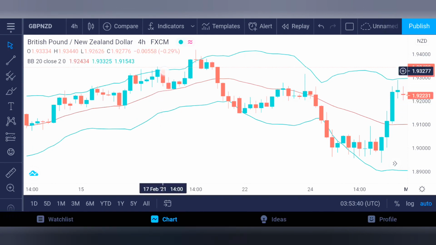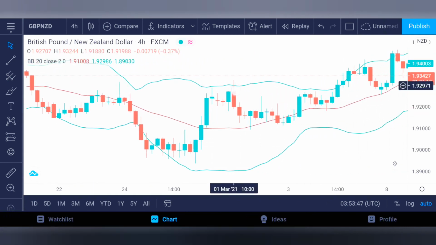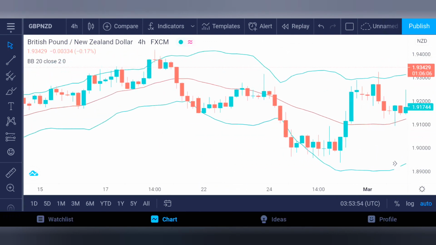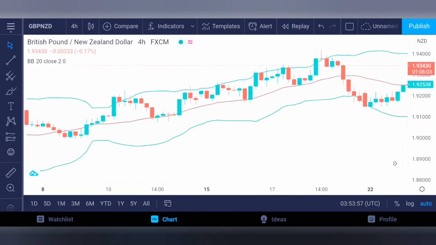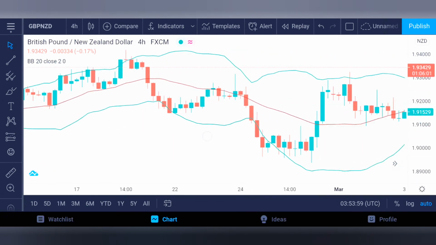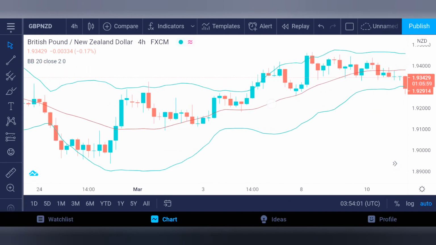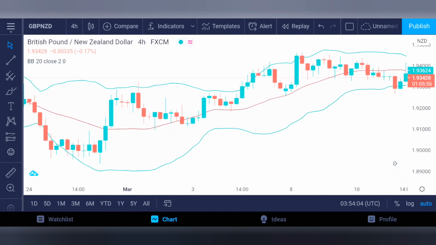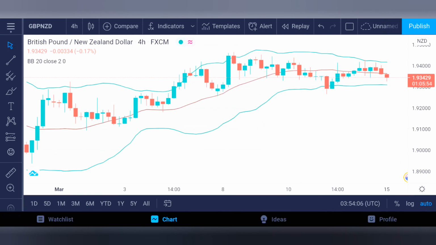It's quite narrow here, so price was not as volatile as it was at this point. So the wider the bands, the more the volatility. The narrower the bands, the less the volatility. That's basically how volatility indicators work. They tell you how much movement is happening with price as far as that currency pair is concerned.